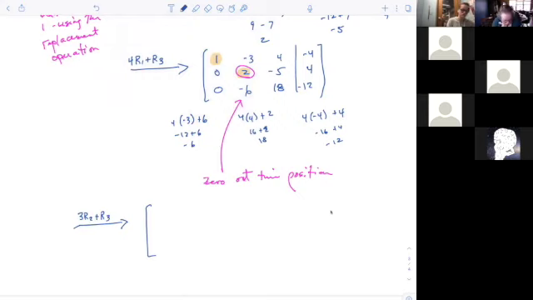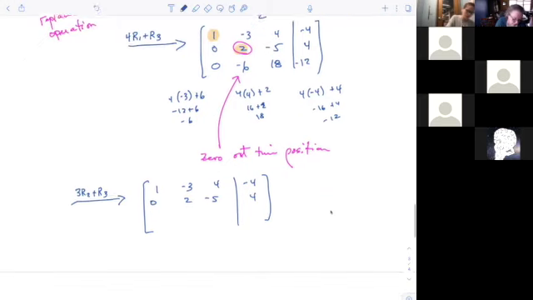Is that going to do it? That would give me 3 times 2 is 6, plus a -6 is 0. Yes, so that is what we need. So row 1 is not changing, and row 2 is not changing.